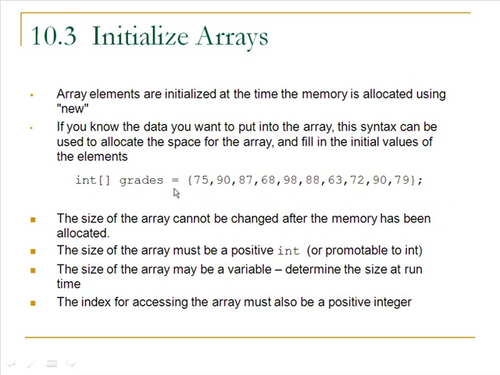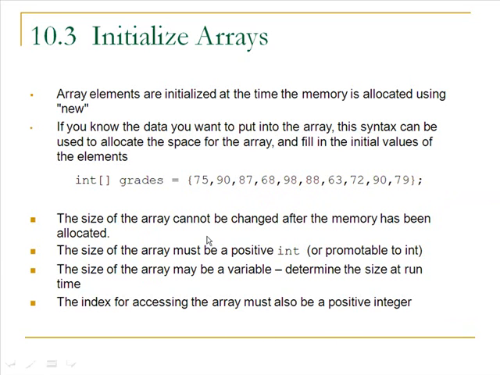Remember that this declares the variable, which is a reference to the array, and now using the braces and filling in what we want inside the array, this also allocates the array of 10 elements and puts these values into that allocated space.